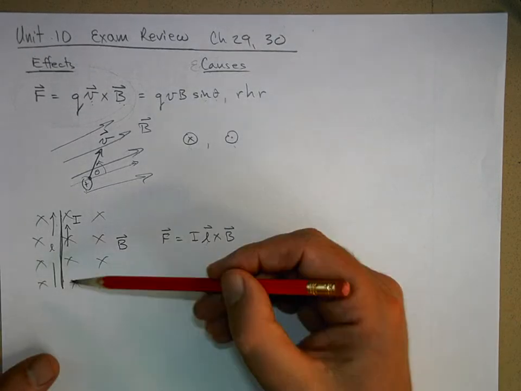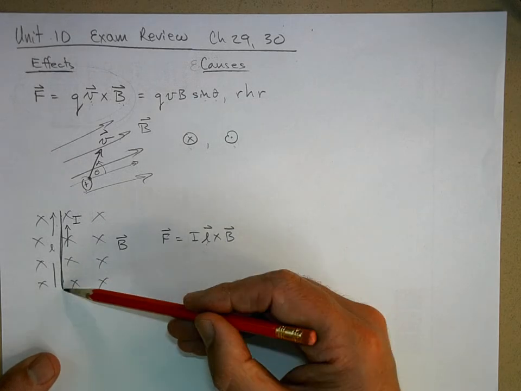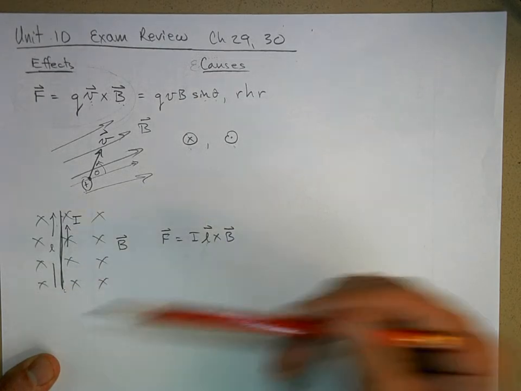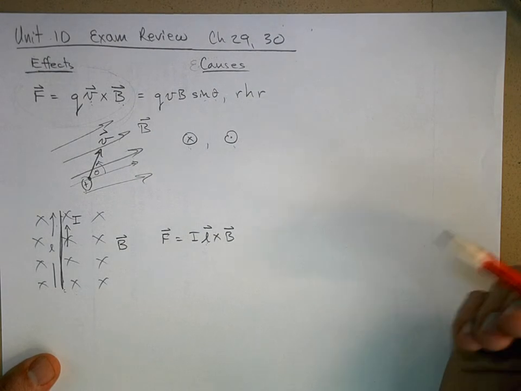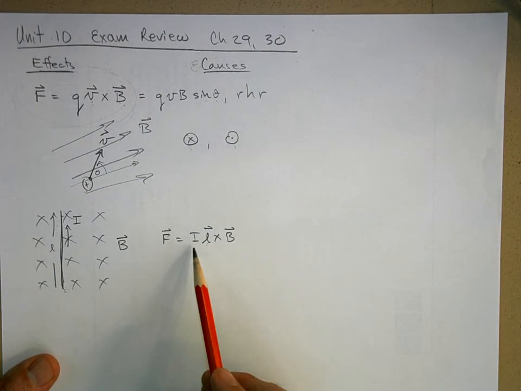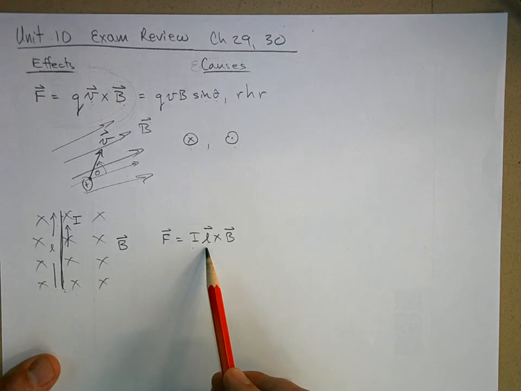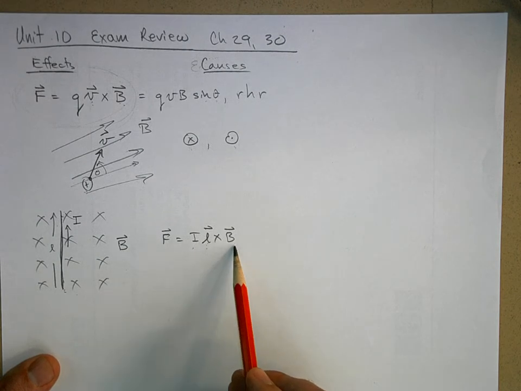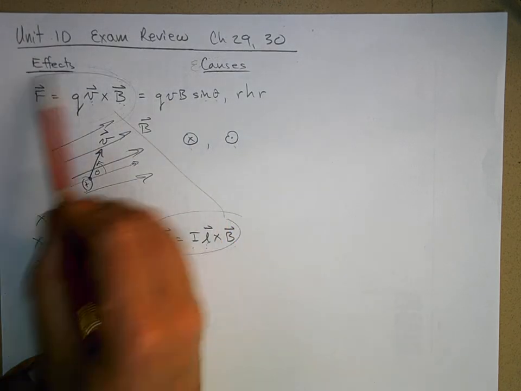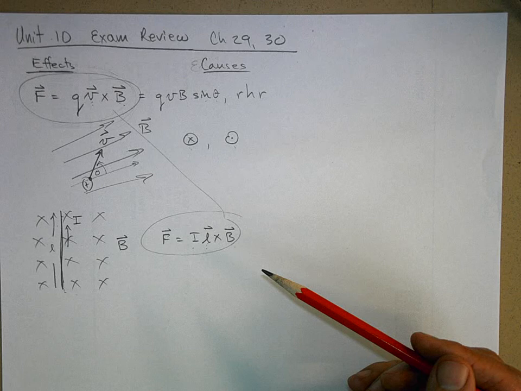So if you look at a moving charge in the wire, it'll go from here to here. So that's its displacement due to the fact that it has a current. So again, this is how much current you have in amps. It's how long the wire is in the magnetic field. And this is the strength of the magnetic field. And again, it's a cross product. Now these two equations are very similar. I'm not going to rederive everything here.